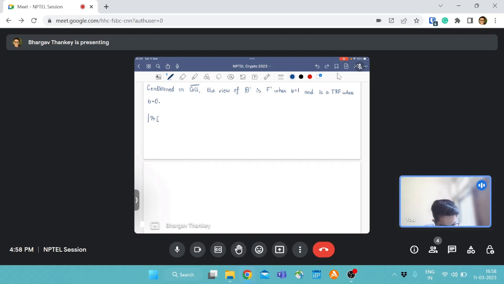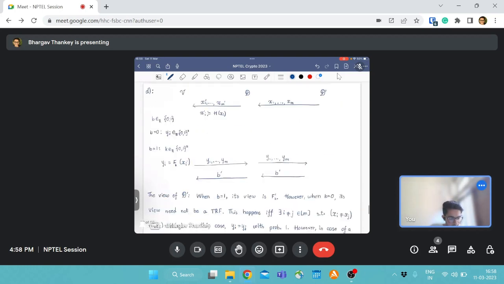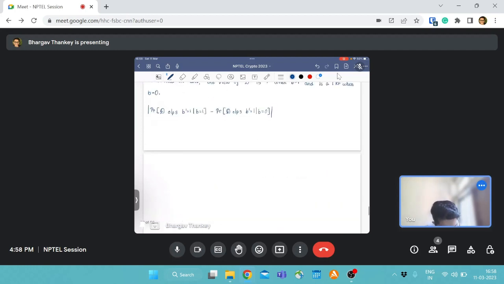Probability that B outputs B prime equals 1 given B equals 1, minus probability that B outputs B prime equals 1 given B equals 0. Now, since B just forwards the B prime it gets from D prime to the verifier, this probability is the same as this probability.